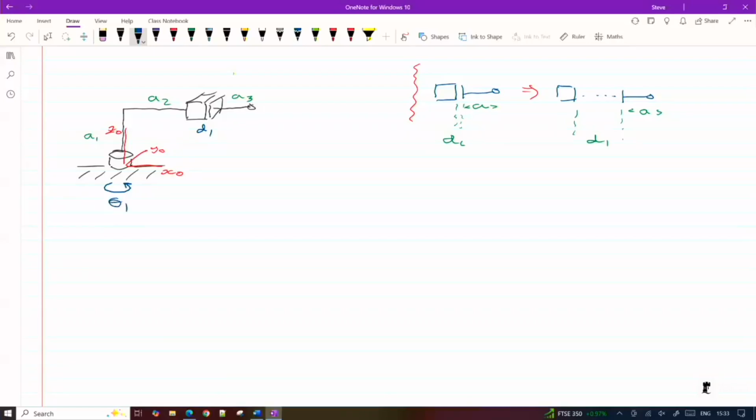And our joint variable at the bottom is θ1. Okay? And we're looking to come up with a solution that allows us to extract θ1, d1, our joint variables for a given px0, y0, z0.